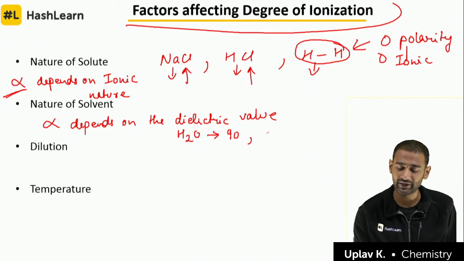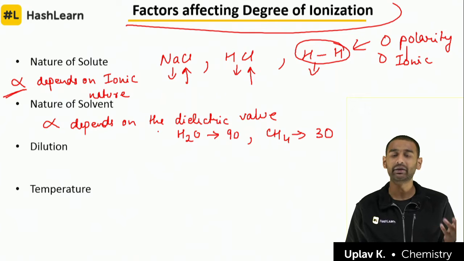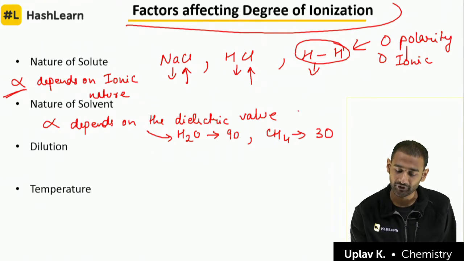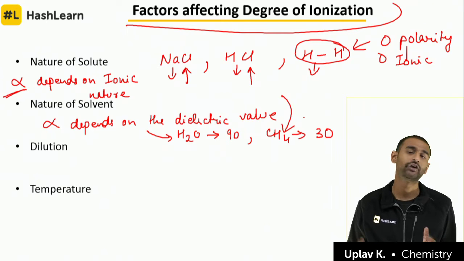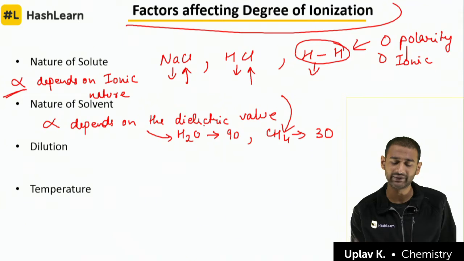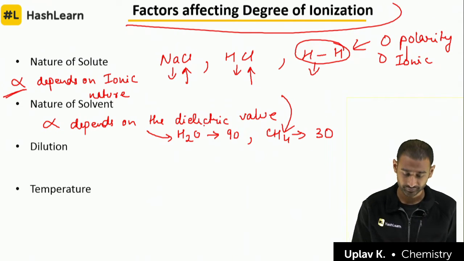If I am talking about something like CH4, its dielectric value is something around 30, right? Because of this, if you dissolve an ionic compound in H2O, the dissociation will happen very easily, but if you dissolve that in CH4, then it won't happen, fine. So the degree of dissociation depends on the dielectric value. Higher the dielectric value, higher will be the degree of dissociation.